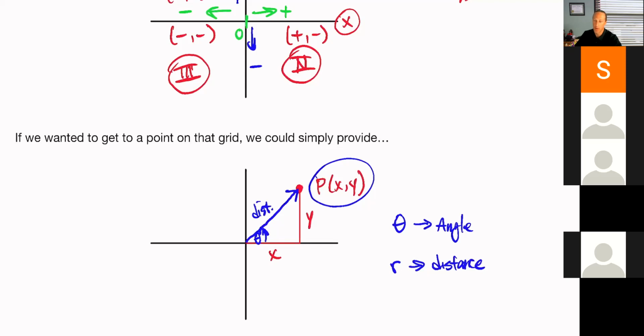Do you guys want to know why we call it R? The rate. Close. Good idea. I like you trying to make connections. It actually has to do with, what if I kept rotating it? The radius. What would I form? Hmm. A circle. That's right.